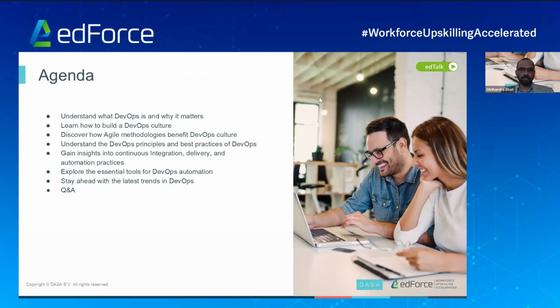What are those principles that are important to practice in an organization? Gain insights into continuous integration and continuous delivery practices, and then something about the tools for DevOps automation. And if we have some time, we will also see one of the DevOps tools, like the CI/CD tools available in the market. Let us see if time permits to talk about that.